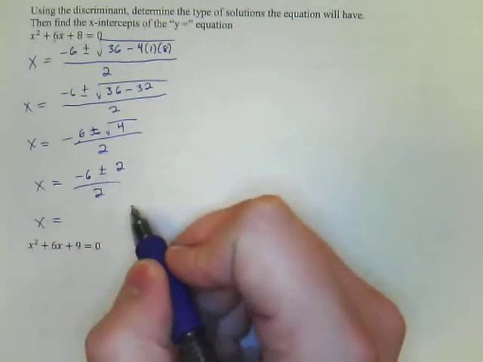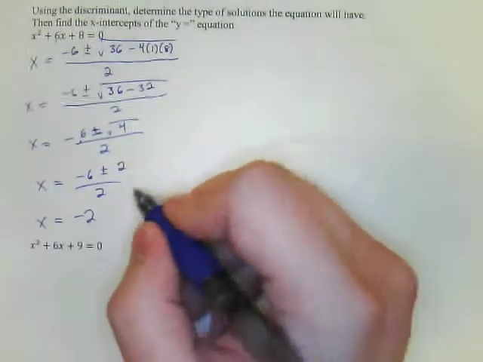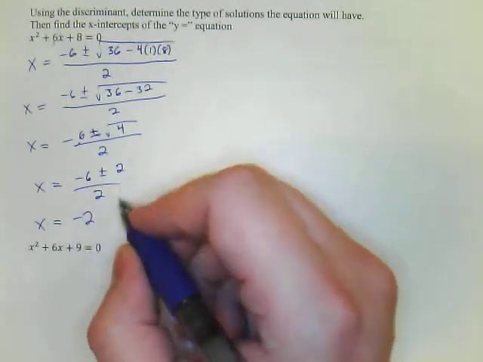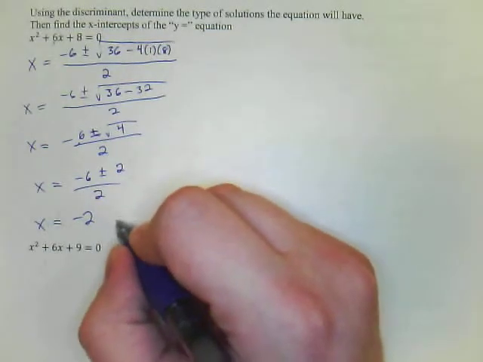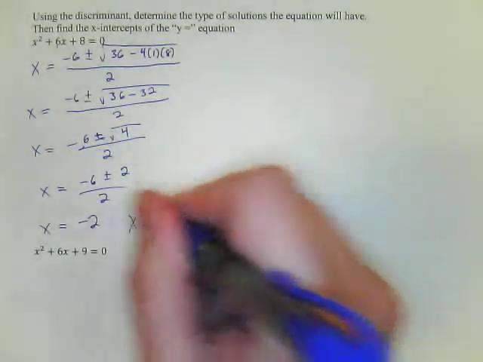Negative 6 plus 2 is negative 4, divided by 2 is negative 2. Then the other solution is going to be negative 6 minus 2, which is negative 8, divided by 2. That gives us negative 4. So the two solutions then are negative 2 and negative 4.